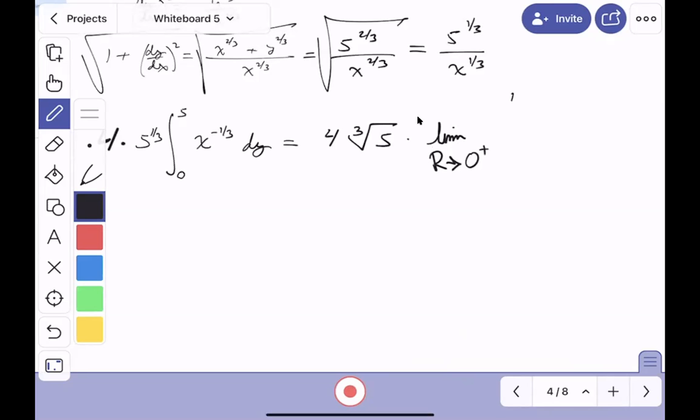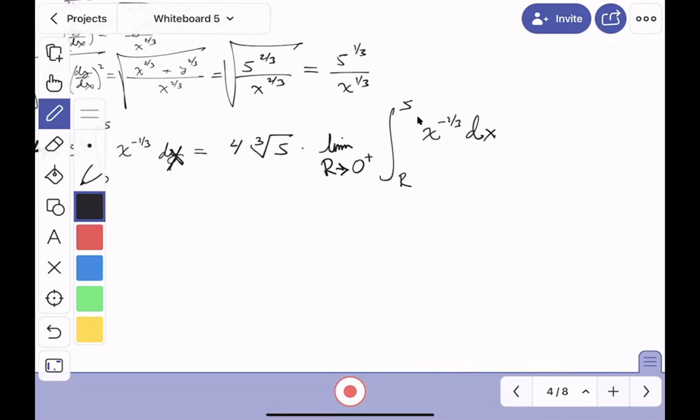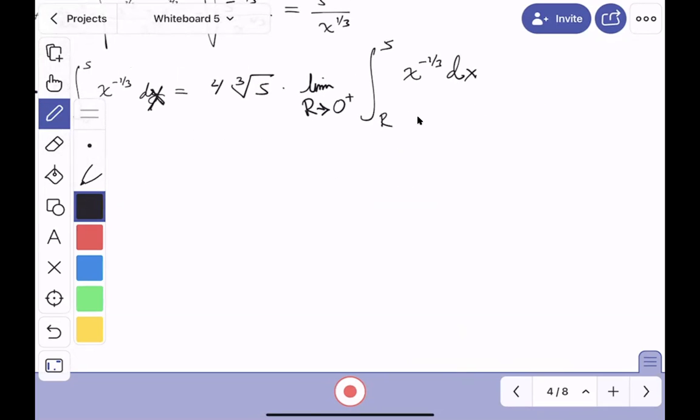And you're going to get, let's see, the integral from r to 5 of x to the minus 1/3 dx, not dy, it's dx. Sorry about that. I think I can do it.